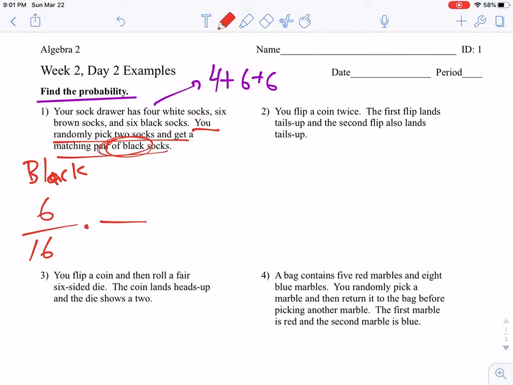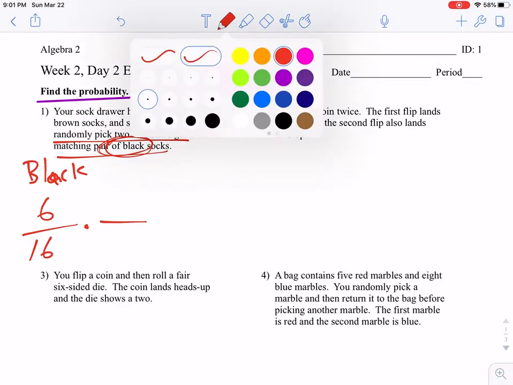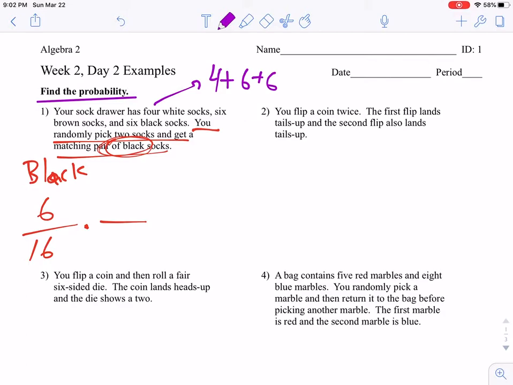And then you multiply it by the probability of the second event. So again, we're pretending we reached in, we got a black sock on our first draw. So there's only 5 black socks left, and there's one less sock total. For 5 out of 15 on your second event.